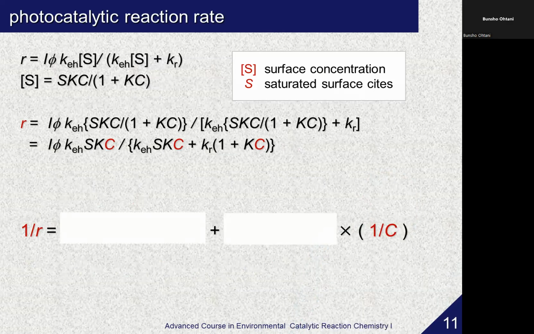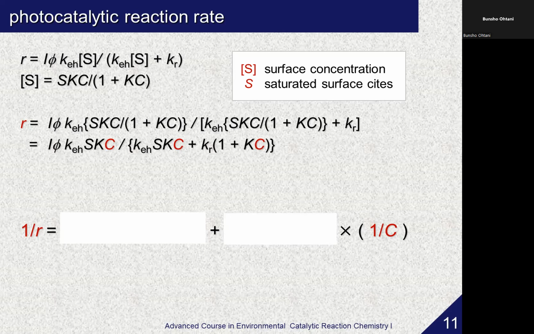The photocatalytic reaction rate R equals I phi K_E H S over K_H S plus K_R. Assuming that S is the amount of adsorption, K is the equilibrium constant, and C is the concentration in solution, by inputting the S value into the first equation, R can be something like this.